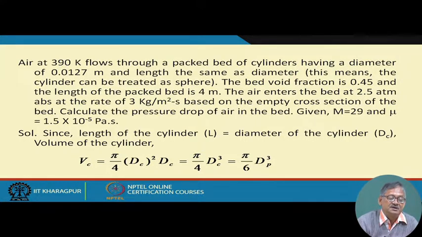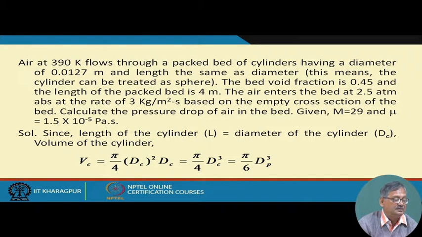The bed void fraction is 0.45 and the length of the packed bed is 4 meter. The air enters the bed at 2.5 atmosphere absolute at the rate of 3 kg per meter square second, so mass flux is based on the empty cross section of the bed. Calculate the pressure drop of air in the bed, given molecular weight is 29 and mu is 1.5 10 to the minus 5 Pascal second.